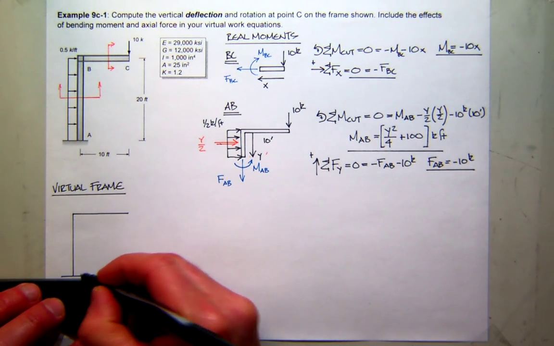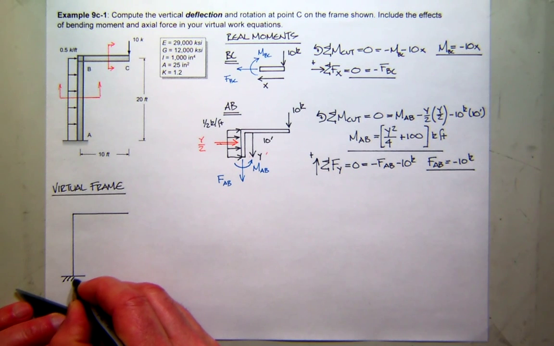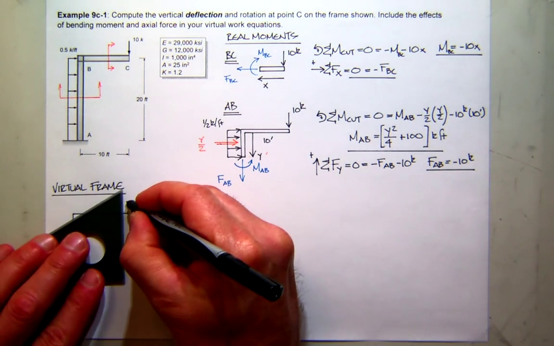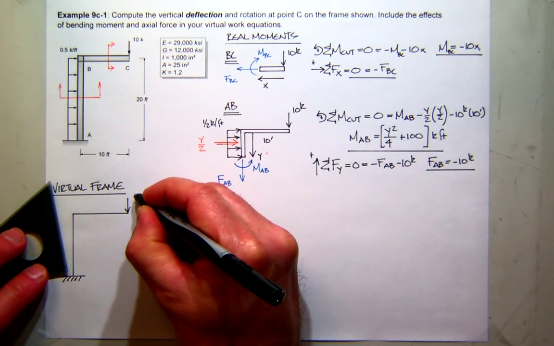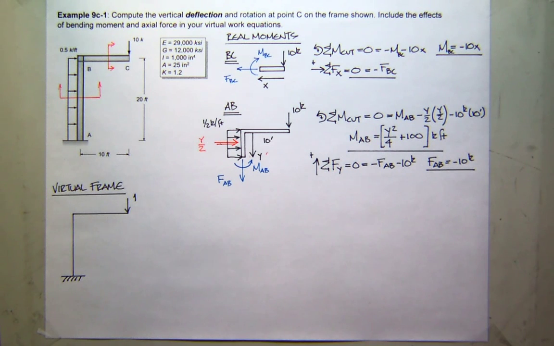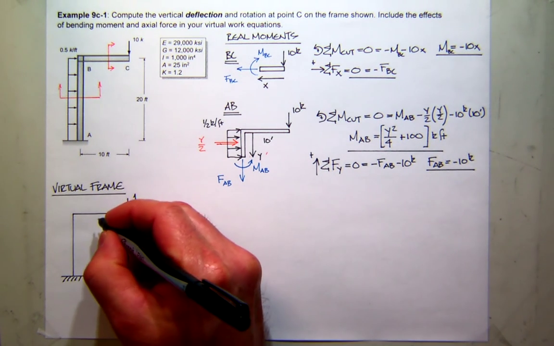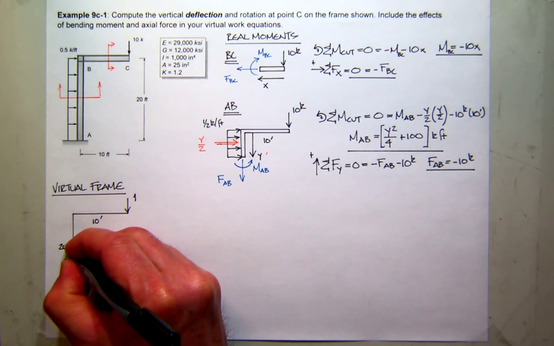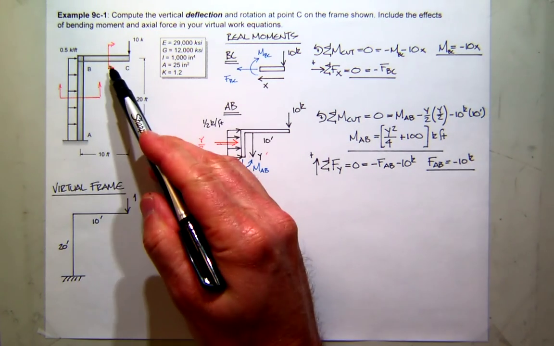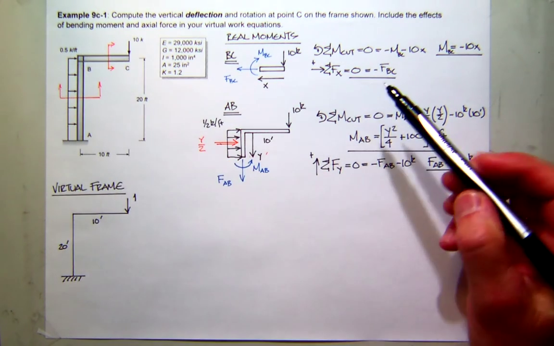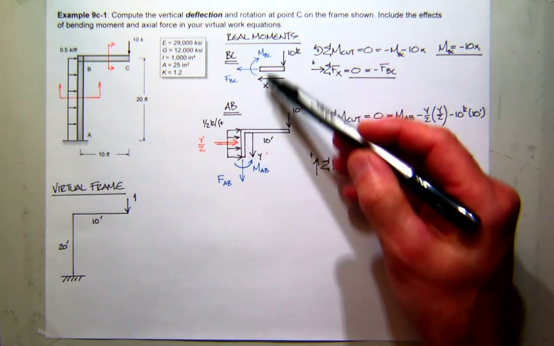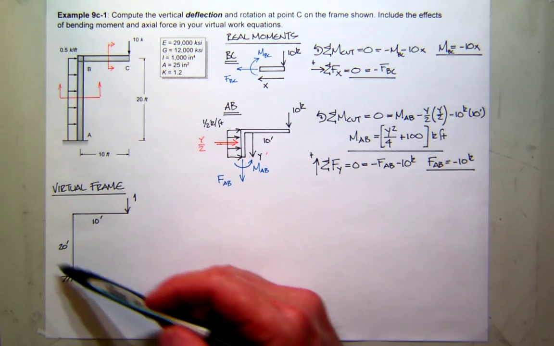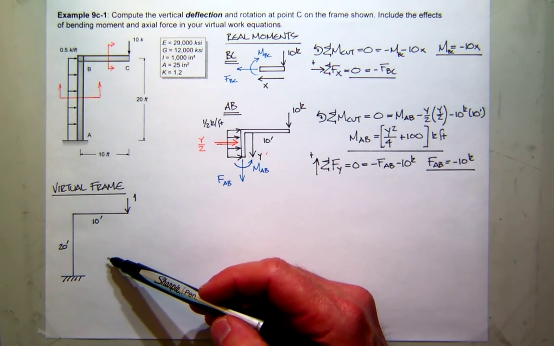Still fixed here at A, except I'm just going to have a load of 1. And that's it. It's actually 20 feet tall. So the same sections that I chose for my real moment, the same directions I chose for the internal forces, I'll repeat here and find the virtual moment in those sections.